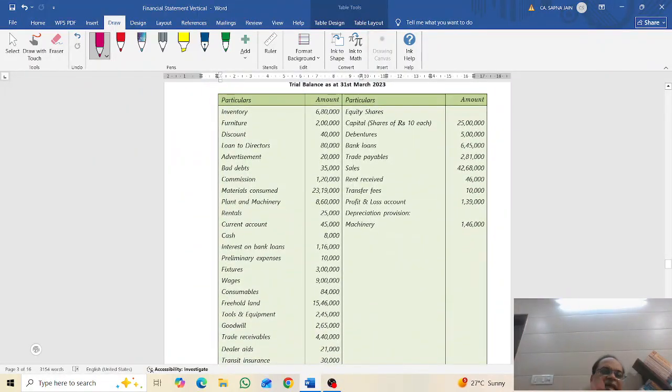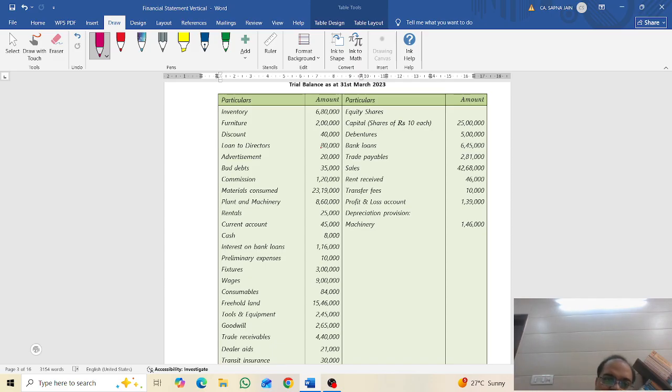Now, using the trial balance, we can prepare the balance sheet and profit and loss account. Before preparation of the balance sheet and profit and loss account, for practice purposes, you can mention on each and every item whether such item is related to the balance sheet or profit and loss account.